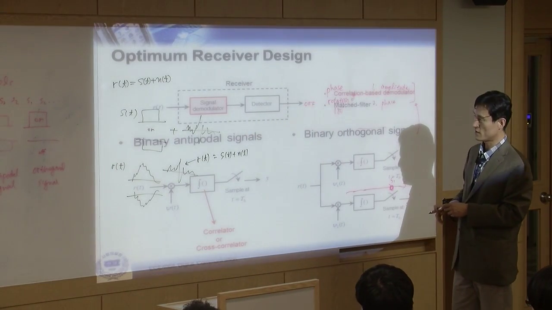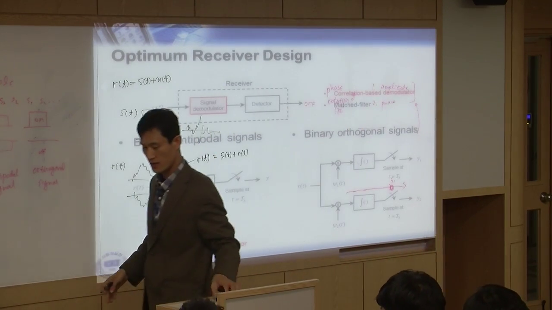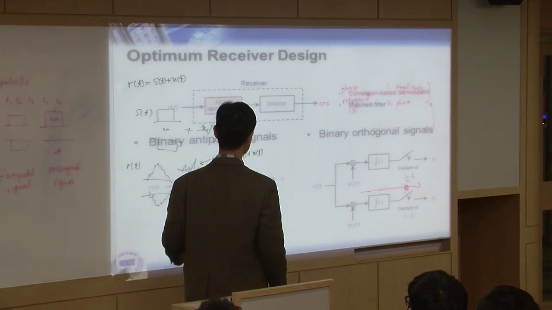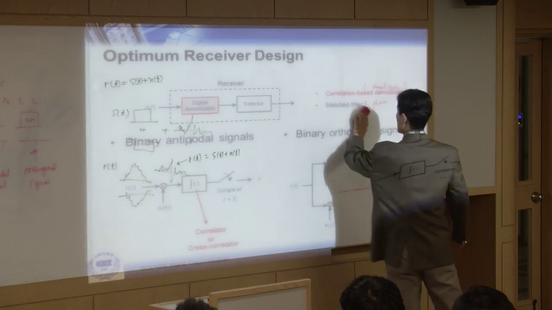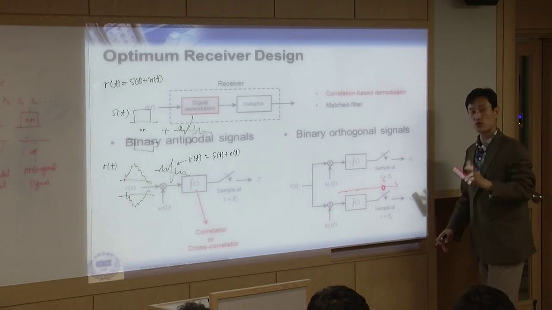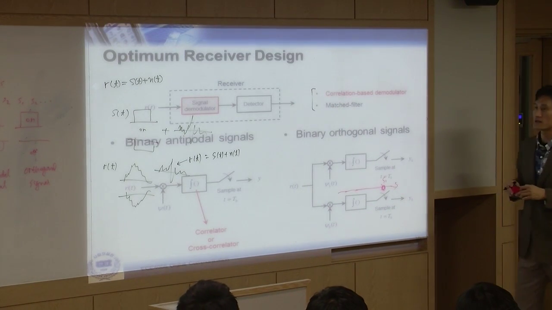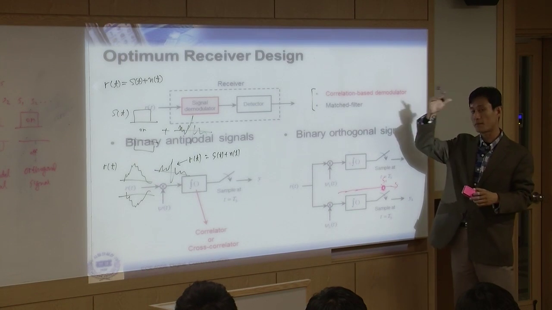And right now here, this slide shows you how to make a decision. Inside the receiver, we have two different ways. One is a correlation-based demodulator, and the second is a matched filter.